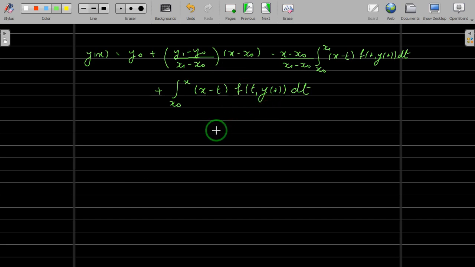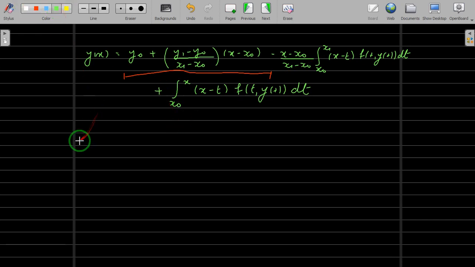Clear? So if you see here, we have y of x, and this entire thing is a function of x. So when you take this entire thing from here to here, it's a function of x. So that's your non-homogeneous part. This y naught is constant, y1 is constant, x naught, x1 is constant. So there is only one x here, and then here it is your integral and then again integral.